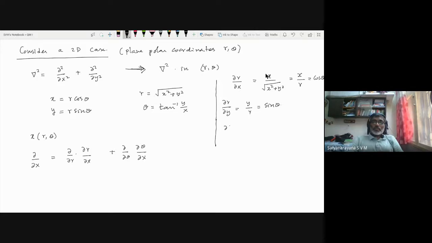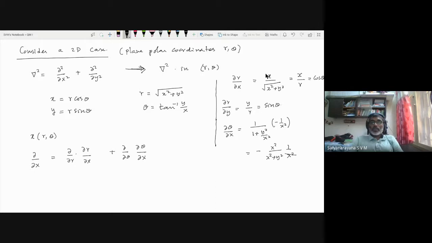Further, you ask what is del theta by del x. Del theta by del x is 1 by 1 plus y square by x square into minus 1 by x square, that is with respect to x. So this is equal to minus x square by x square plus y square into 1 by x square.